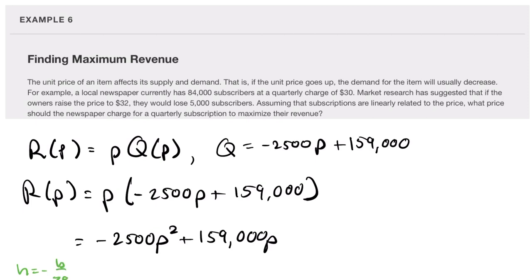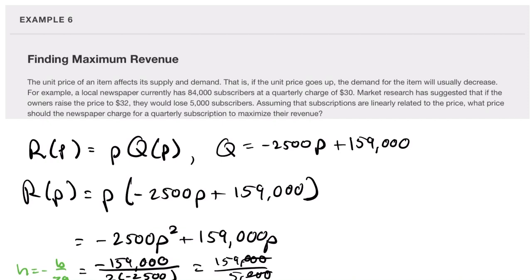Negative B over 2A. So that's going to be negative 159,000 over 2 times negative 2,500, so divided by 5,000. You can actually just knock off the trailing zeros.